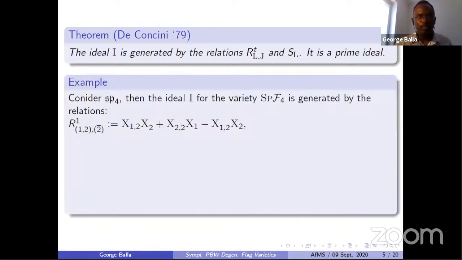irreducible. Now, let's give an example. For n equal to 2, the corresponding Frege variety will be generated by variations. The first one, for example, in this case, n is equal to 2, so we can only take sequences of length 1 or 2. And so if we take a relation where the first sequence is of length 2, that is sequence 1, 2.